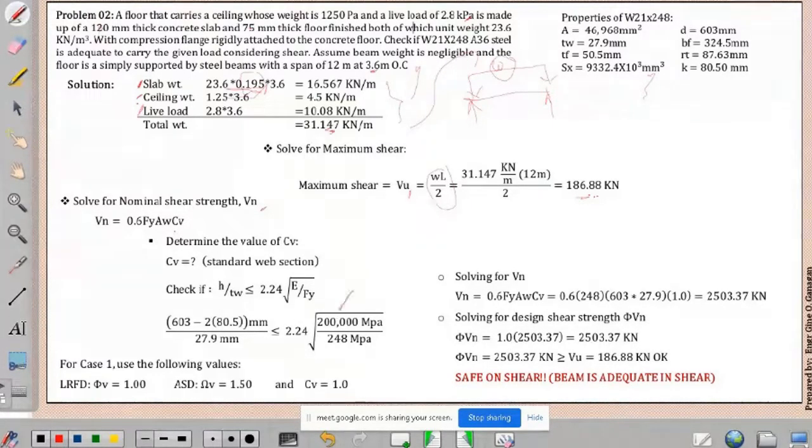Pag totoong smaller, nagkulang ako dito. So, yung na-solve ko dito is less than yung width thickness ratio. So, kindly compute pag less than talaga ito, baka nagkamali ako dito. Wala akong na-compute na value. So, kindly solve this.